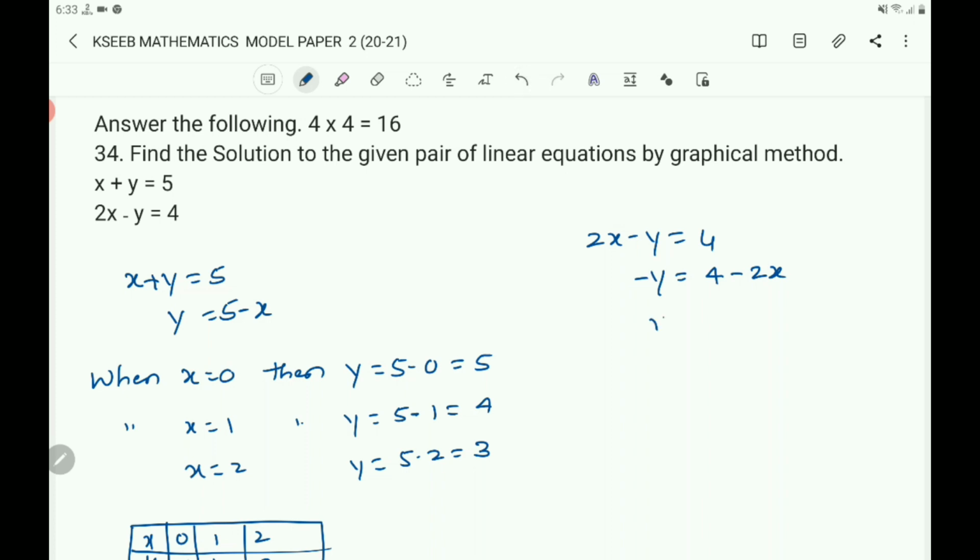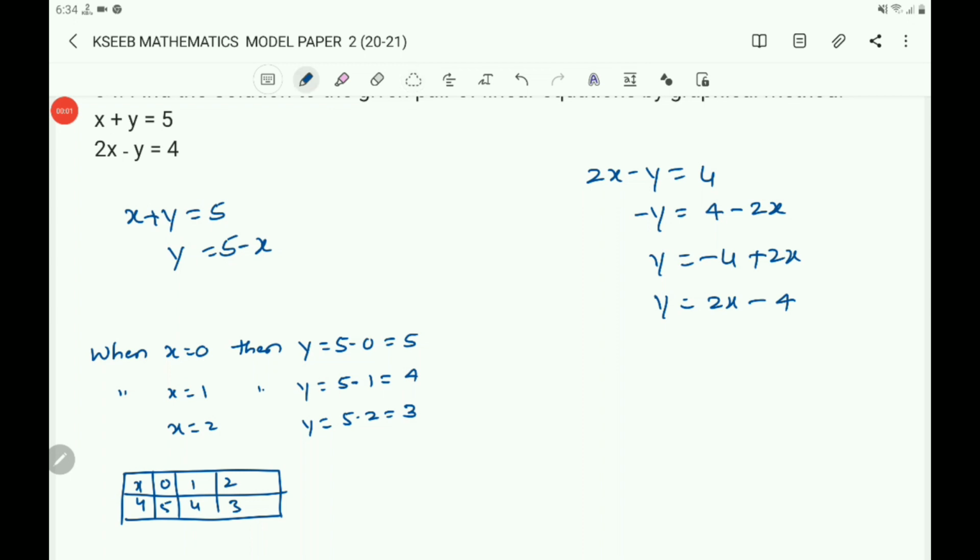Then it becomes y equals plus 4 becomes minus 4, minus 2x becomes plus 2x. So to make this positive, you can write y equals 2x and minus 4. So you got y equals 2x minus 4.